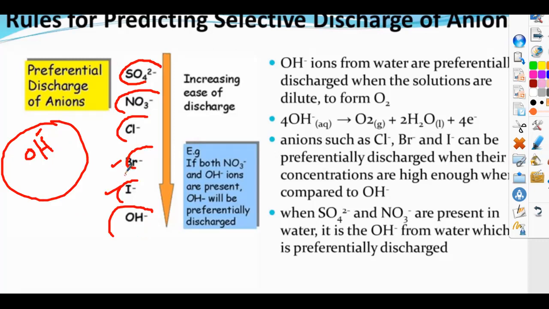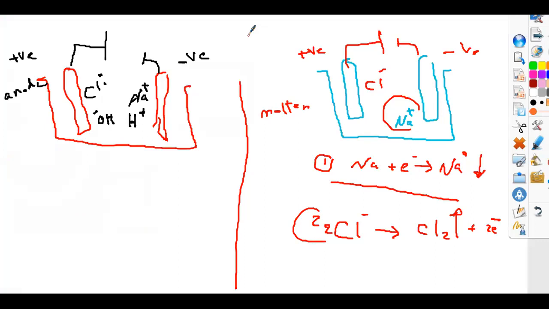So we find here the hydrogen which will be reduced at the cathode, and OH which will be oxidized at the anode. OH releases electrons, forming O2 plus 2 H2O plus excess electrons. So it's losing electrons, so it's oxidation.